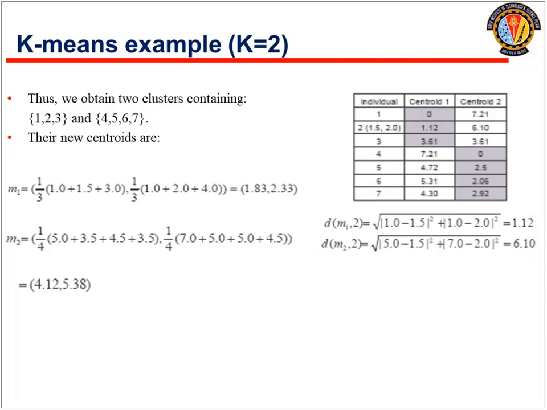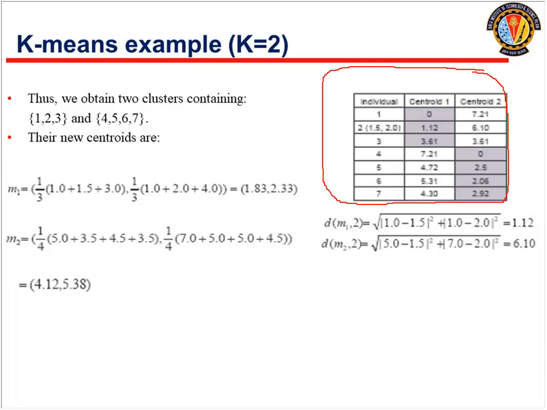You can see here that point number 1, point number 2, and point number 3 have been put to the first centroid. Point number 3 had the same distance from 1 and 2, 3.61.